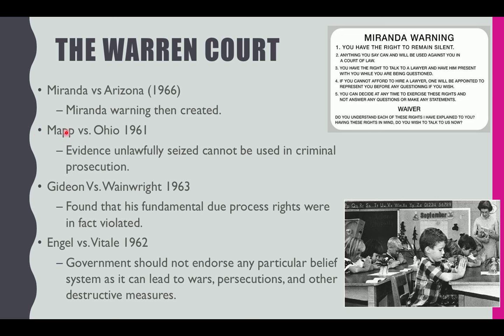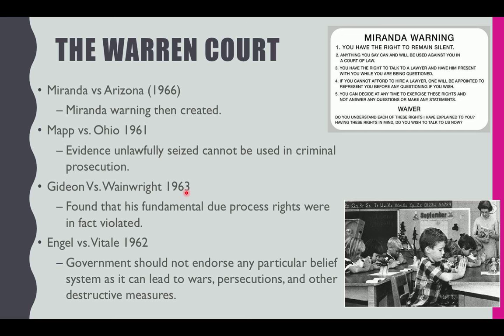So even though she was guilty of what they found, the evidence could not be used because the warrant that the police suggested they had, and later was found they didn't have, didn't cover what they found. So this case says that police have to have a warrant, that warrant has to be specific, and if they find something that is not on that warrant, even if it's incriminating, it cannot be used in a court of law.